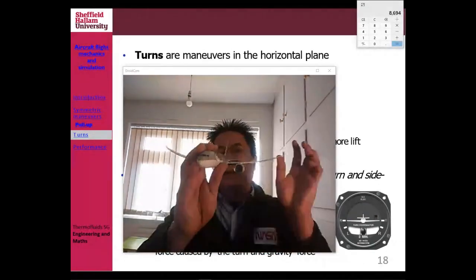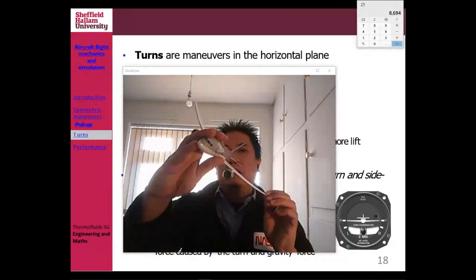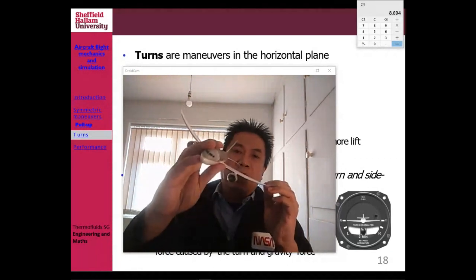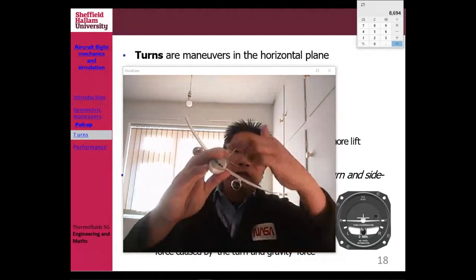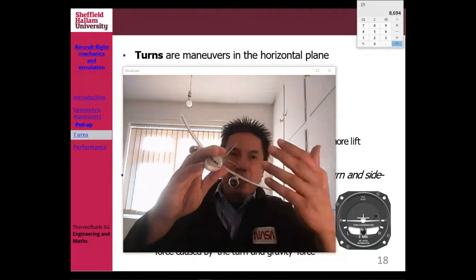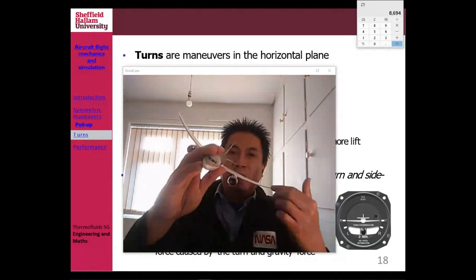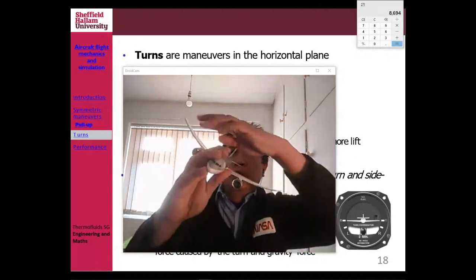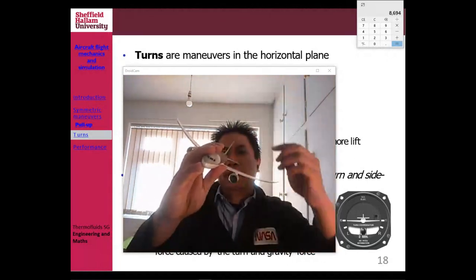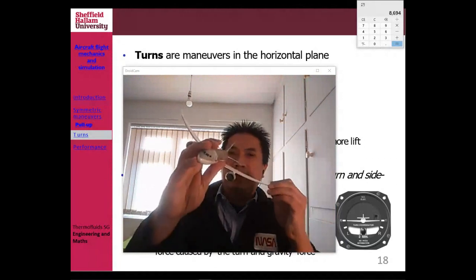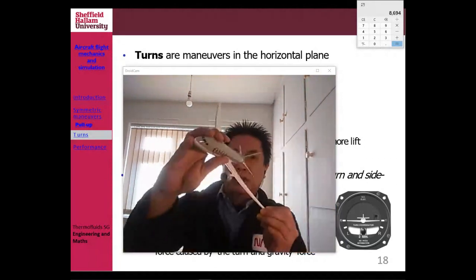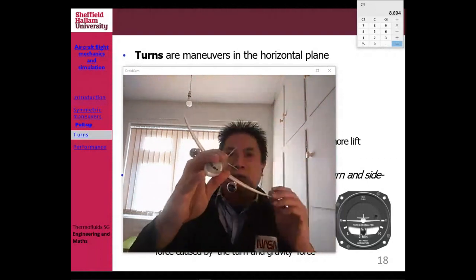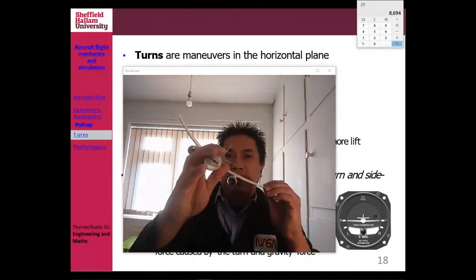Obviously, when you do the turn like that, for a conventional aircraft such as this, one side of the wing will have more drag than the other side, because as we understand, if you turn, one side of the wing will increase the lift and the other wing will decrease the lift. That's why the turn happens, right? So doing that by deflecting your aileron control surfaces.